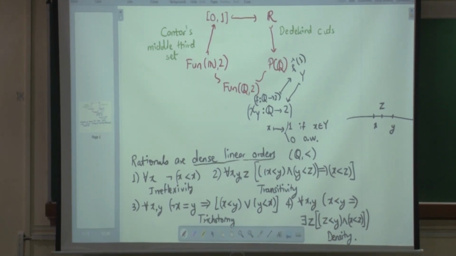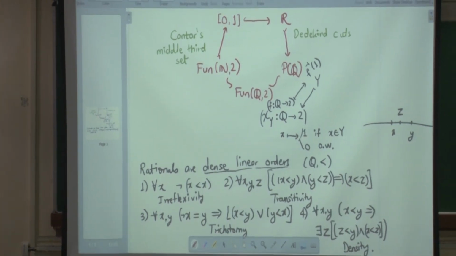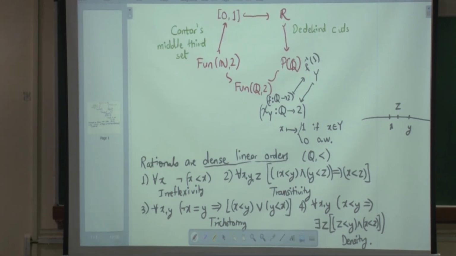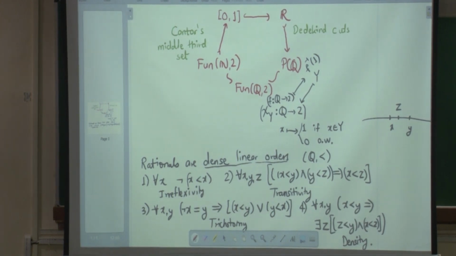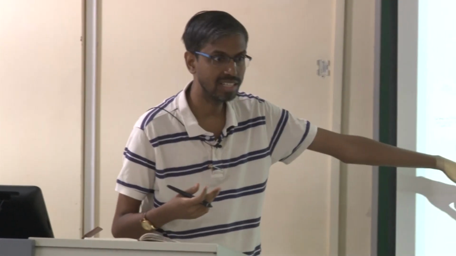Linear orders are things which satisfy the first three conditions, 1, 2 and 3, and it is moreover a strict linear order, right? Strict. I am not writing less than or equal, I am writing strictly less than. So any set equipped with a binary relation, less than being a subset of Q cross Q, which satisfies the first three properties, is known as a strict linear order.